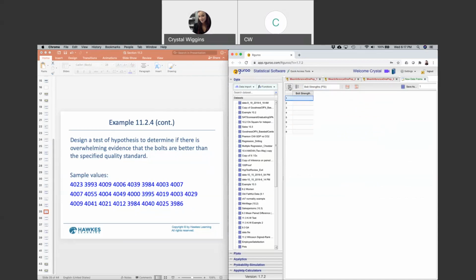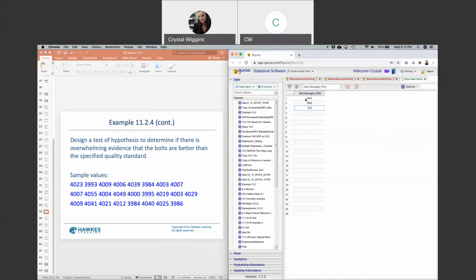But that's okay, it's not too bad. So I like to create all my rows so I don't have to bother with that. 25. And I'm going to start typing 4023. Remember, the down arrow will keep your box live. If you hit enter, you're going to have to double click in each box separately, which is a pain in the butt.